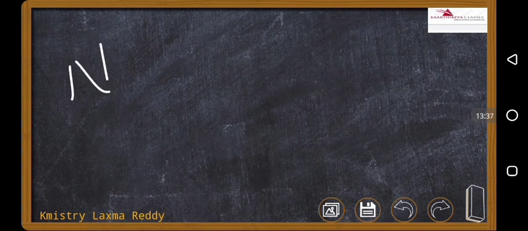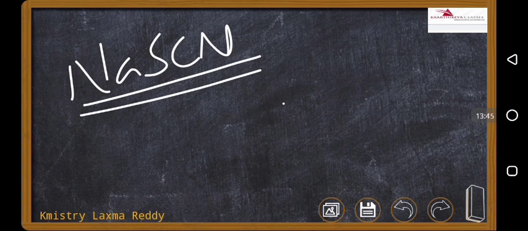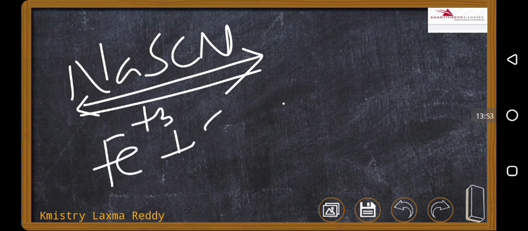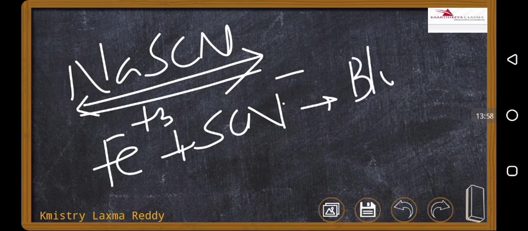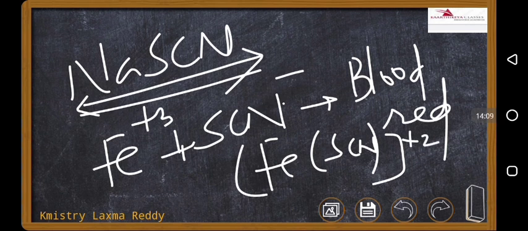One interesting thing is, if both are present, the compound formed is NaSCN. That means in the first test, the Prussian blue color test, instead of getting Prussian blue color, the same test is going to give blood red color. In simple terms, I am writing an equation. Fe3+ will react with SCN- to form a blood red color complex, [Fe(SCN)]2+.